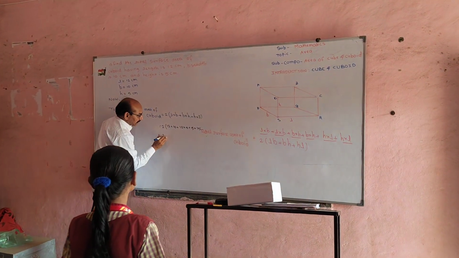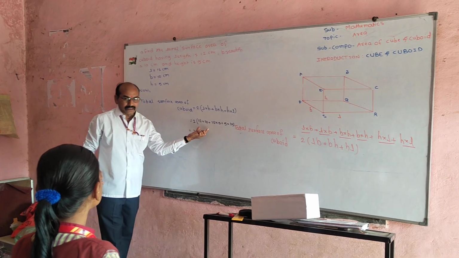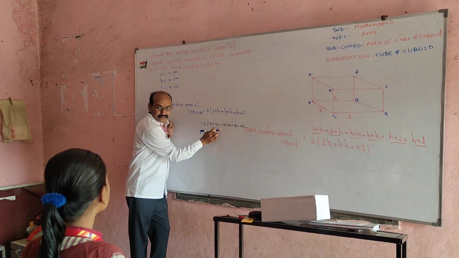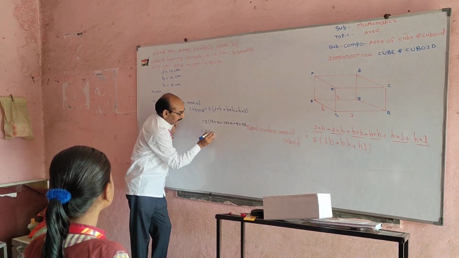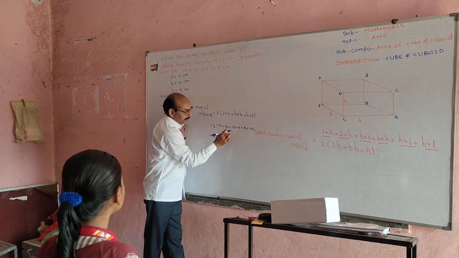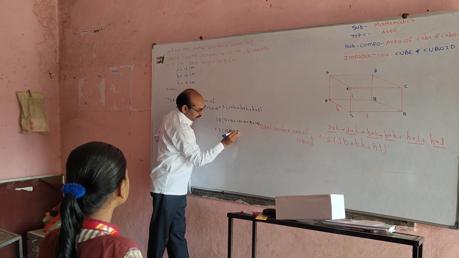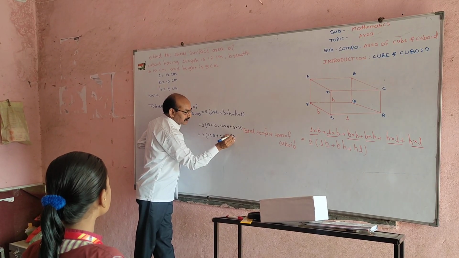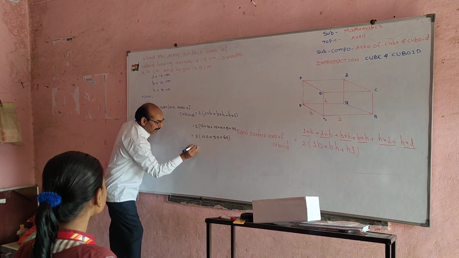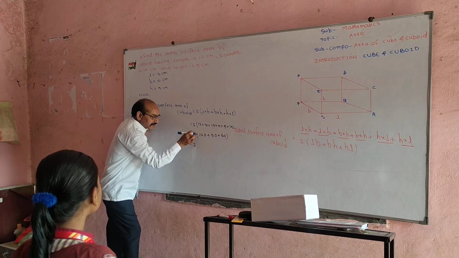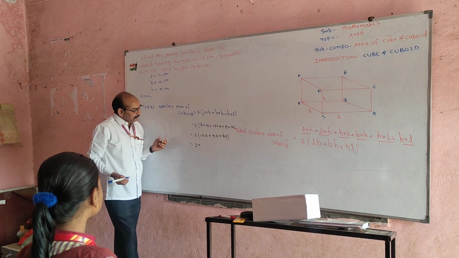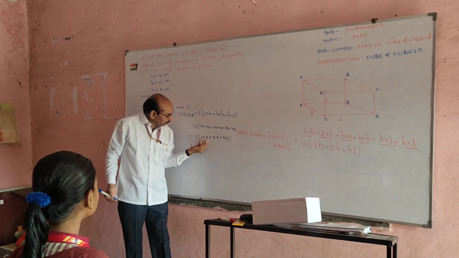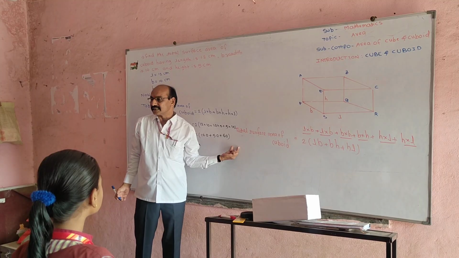Now take the multiplication of the bracket terms. 12 into 10 is 120, plus 10 into 5 is 50, plus 12 into 5 is 60. The 2 stays as it is, and the sign is multiplication. Now take the addition of 120, 50 and 60.